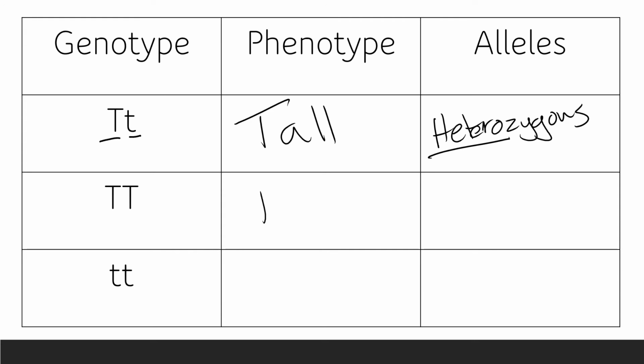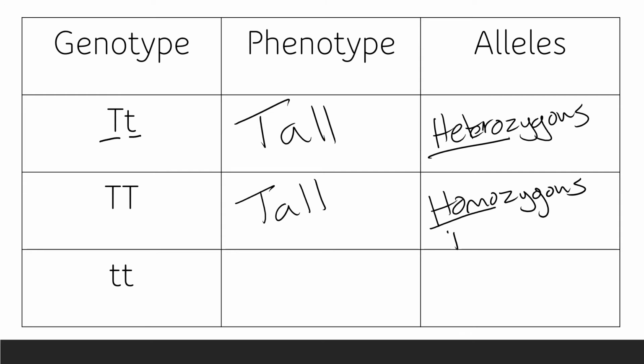Here they are both tall, right? Both uppercase T's, but they're the same. So these are going to be homozygous. Now, since they're both uppercase, we would call this homozygous dominant.